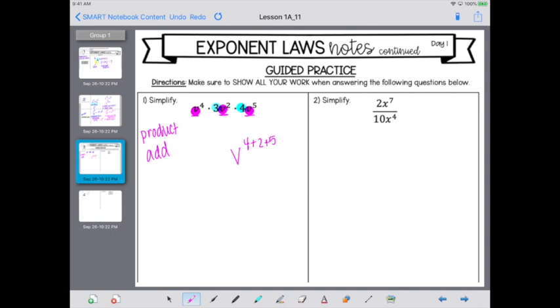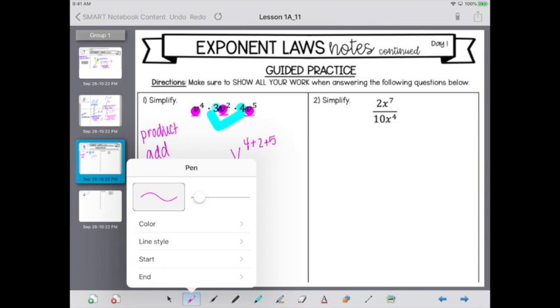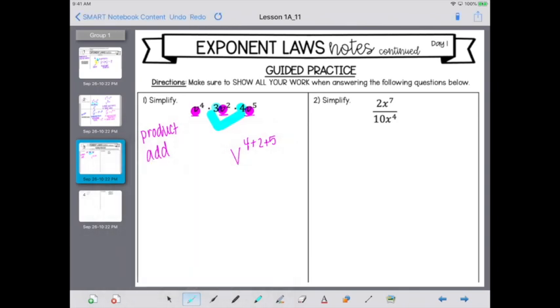What do we do with the coefficients? We have 3 and 4. With 3 and 4, we're going to multiply them because that's what would have happened. So 3 times 4 are our coefficients.